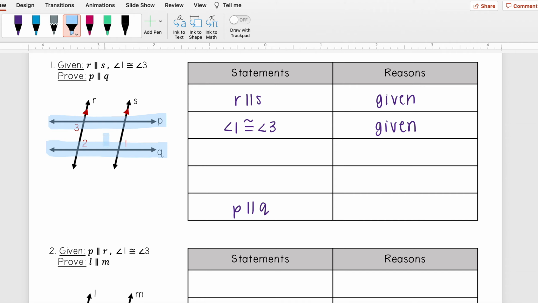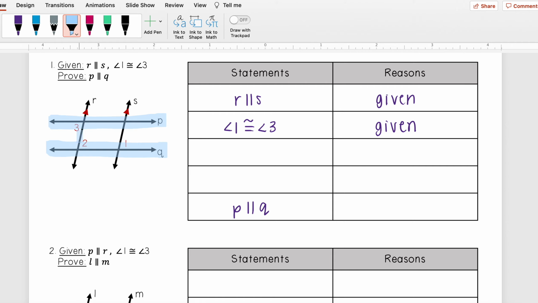Well, it's only two angles that involve both lines P and Q, and those are going to be these angles 2 and 3, because those touch both.